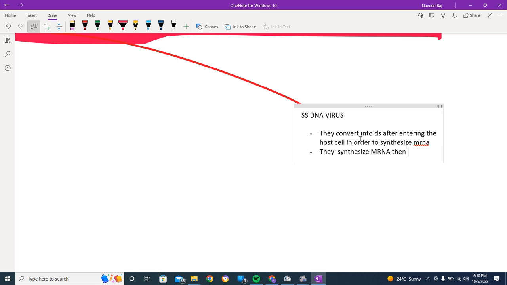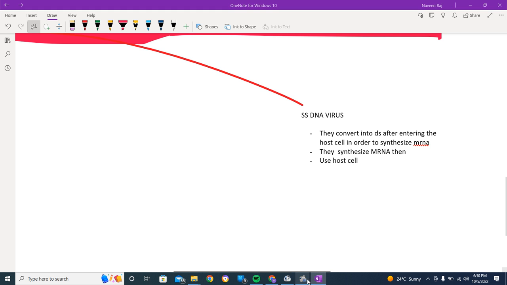And why do they do that? As I mentioned before, to continue their survival. So the mRNA synthesis takes place, and they use the host cell mechanism to convert from single stranded to double stranded DNA. So we also have a point here that these viruses use the host cell.